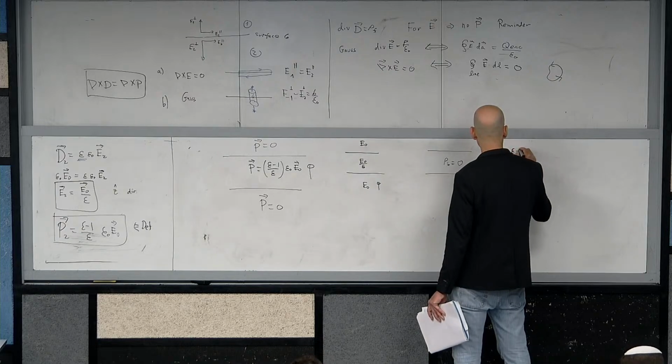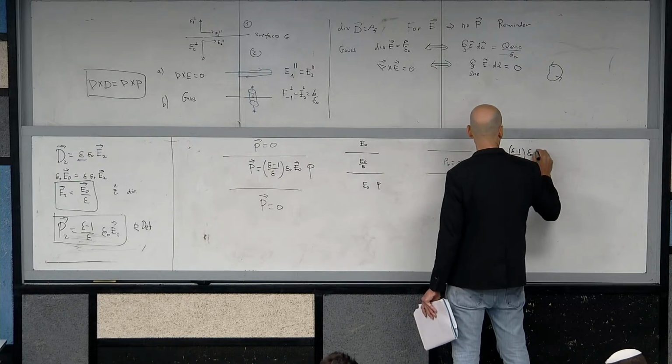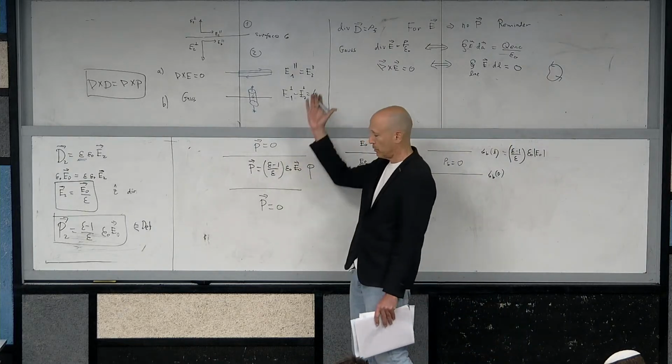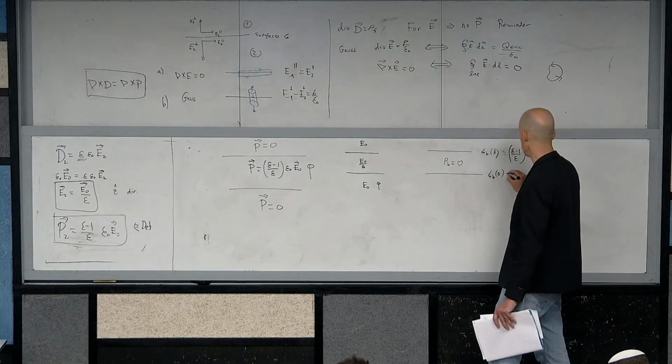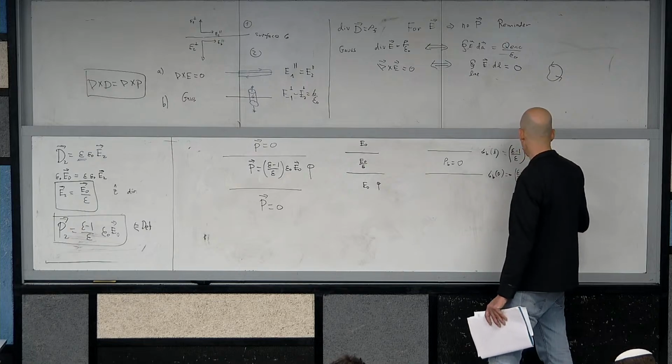This is (epsilon minus 1) over epsilon, epsilon 0, E0. Let's put it in absolute value. I'm thinking about this E0 as positive. It's not a vector because now we are dealing with this guy. And here we have (epsilon minus 1) over epsilon with a minus sign, epsilon 0, absolute value of the electric field.